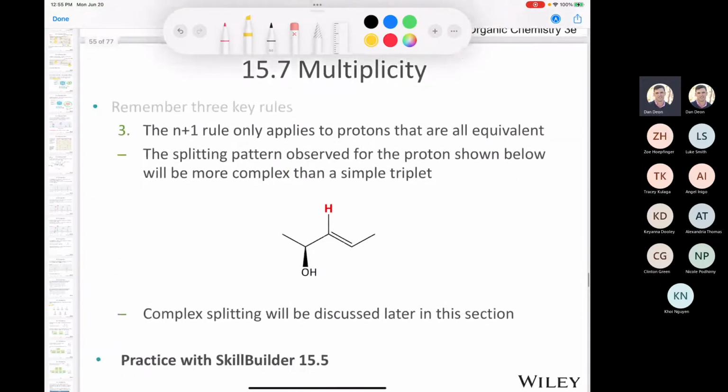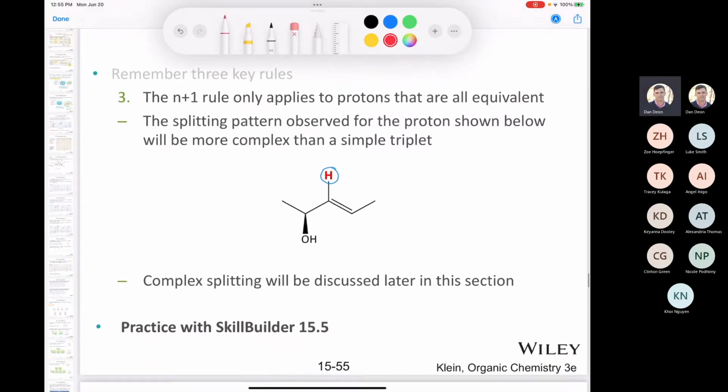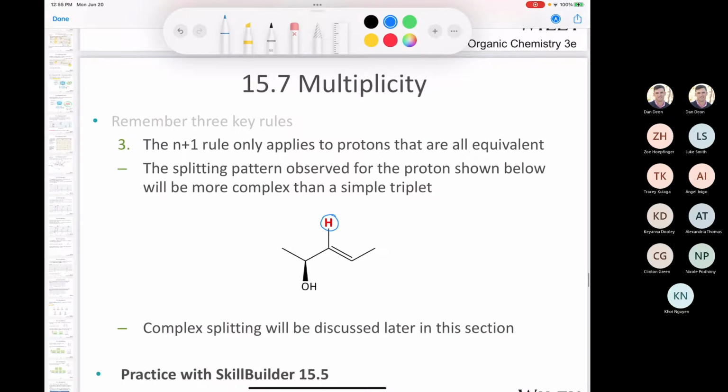The third rule is that the n+1 rule only applies to protons that are all equivalent. Check this proton that I have in red here. If we look at it in detail and try to predict its splitting, it's split by this proton in blue, and also by this proton here in black.